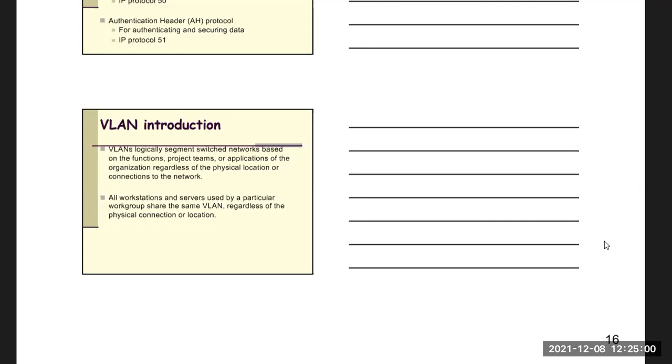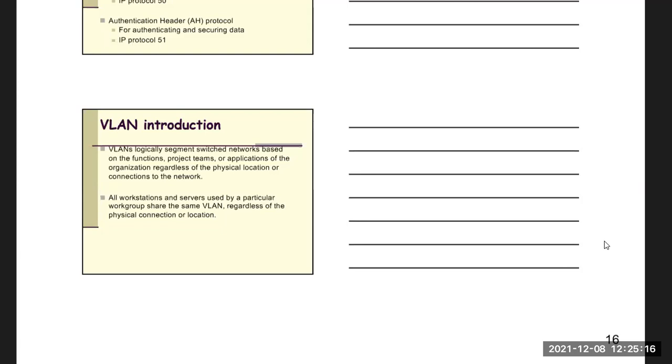So the VLAN is used for switching the network based on the function and application of the organization, regardless of the physical location or connection to the network.